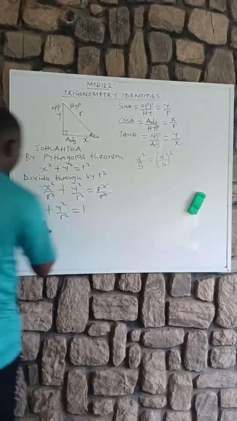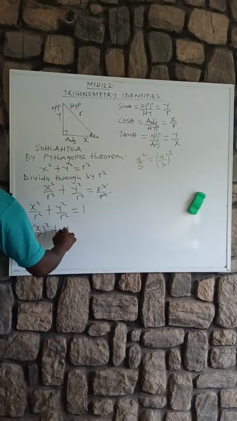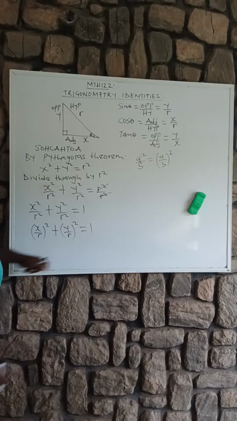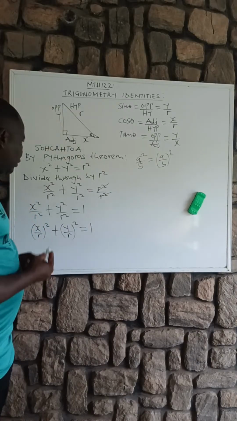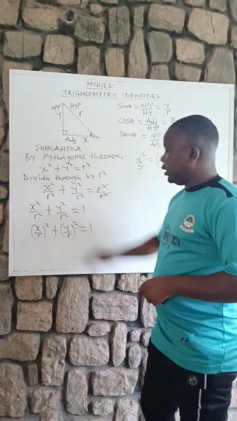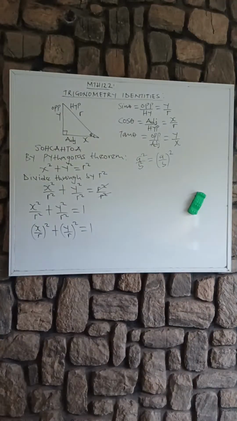So here it will be x over r, all in brackets, squared, plus y over r, all in brackets, squared, equals 1. Do you agree with me up to this point? Any question?